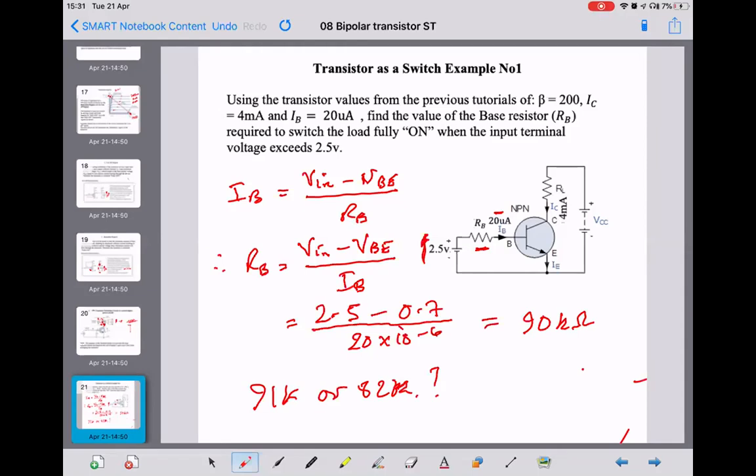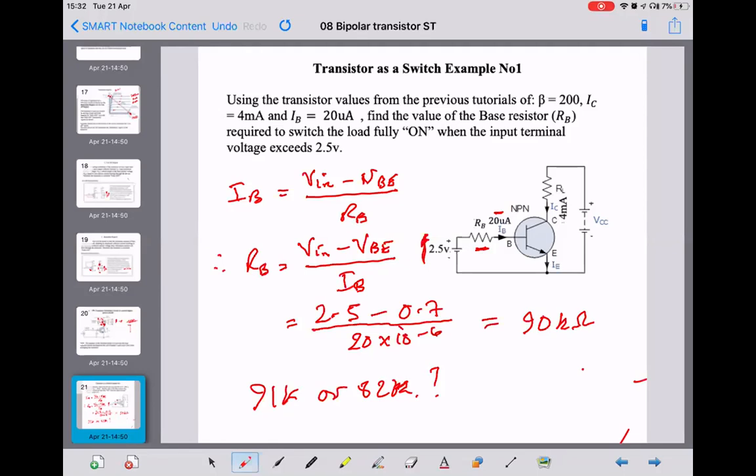91. Anyone else? I bet it's 82, right? The other one. Why are you saying 91? Because it's a greater value, actually. What's a greater value going to do to the RB current? Just think about it.